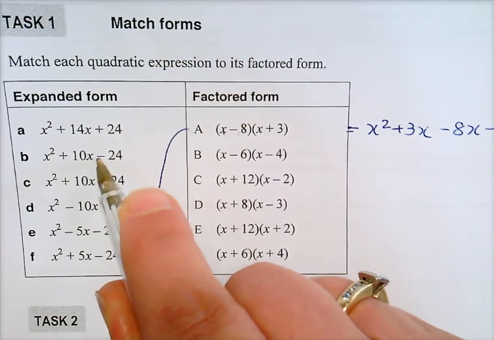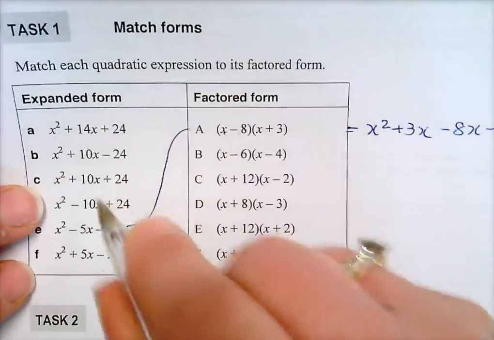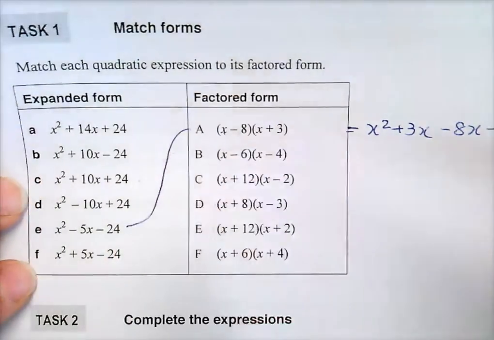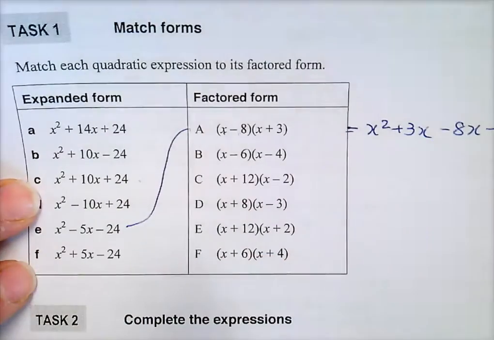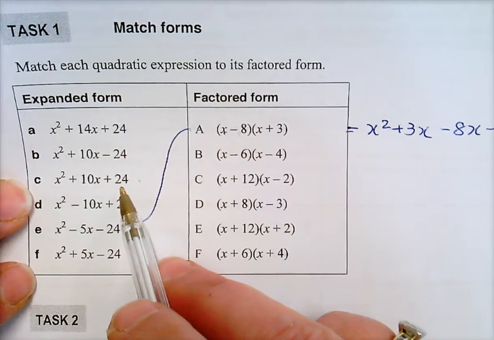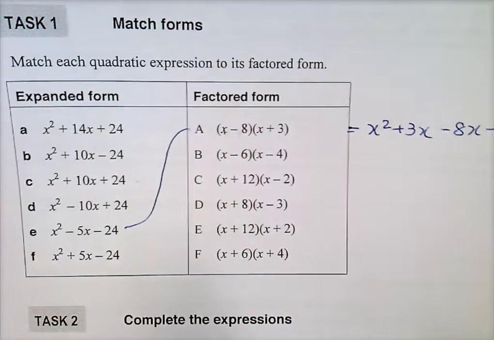What are two numbers that multiply to give negative 24? Or do the plus ones first. I'm doing C. Two numbers that multiply to give 24 but add up to give 10. What is it? Is it going to be plus plus or minus minus? Which one do you think it is?